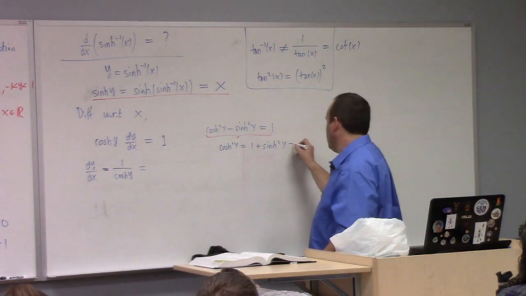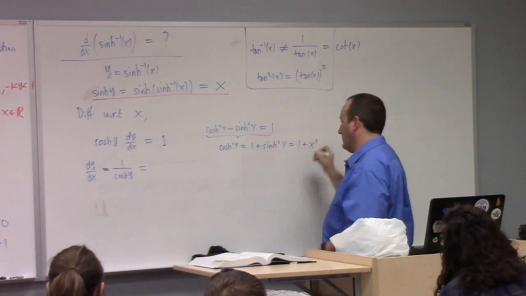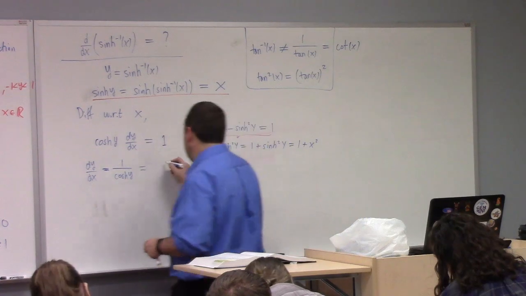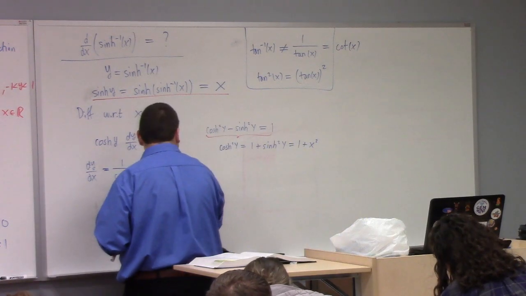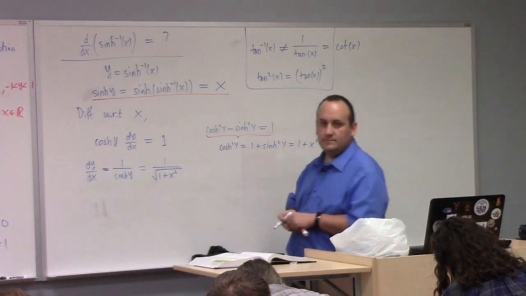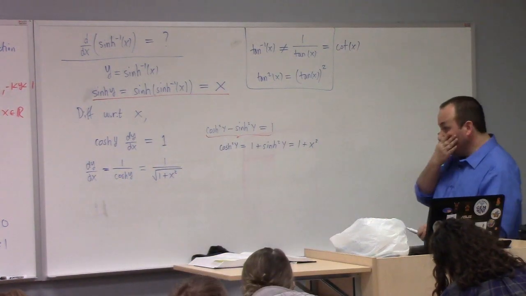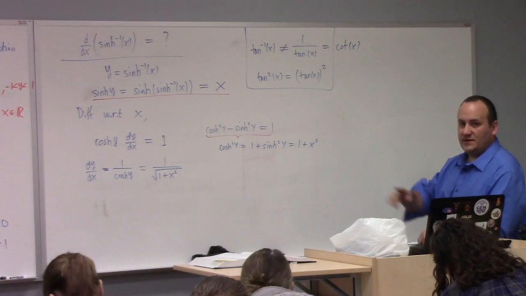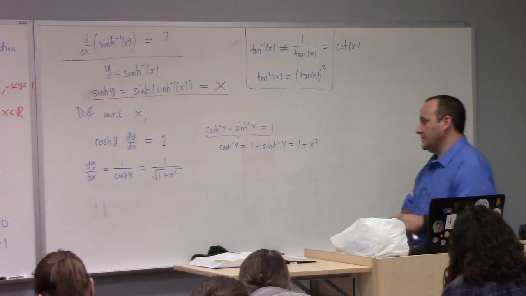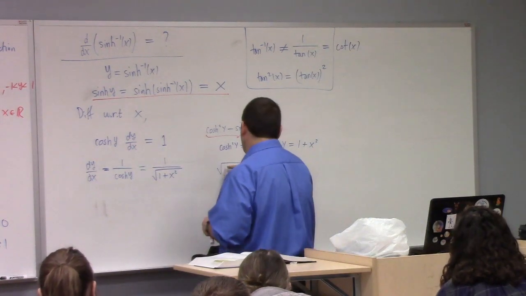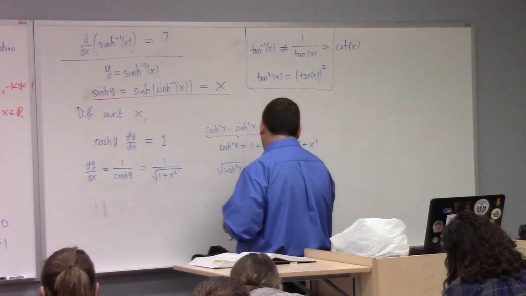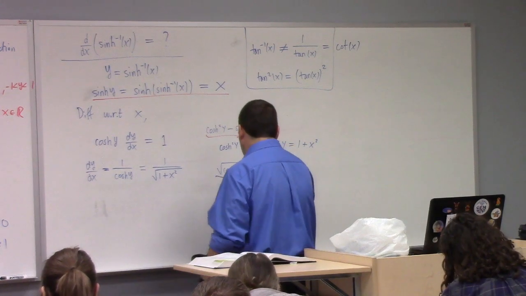So this is equal to 1 plus x squared. And so we have 1 over the square root of 1 plus x squared. Because if cosh squared y is equal to 1 plus x squared, then the square root of cosh squared y equals the square root of 1 plus x squared, and this is cosh y.